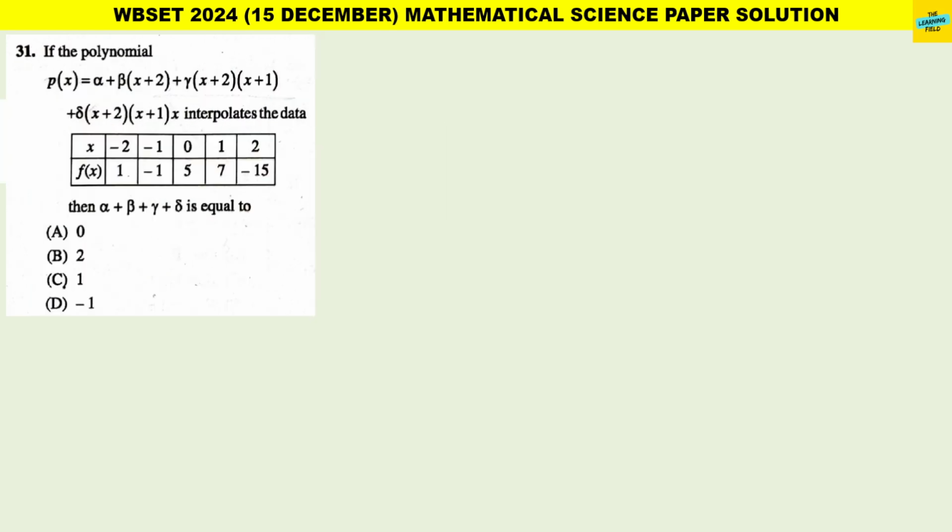Now, next question. This question says that if the polynomial interpolates the data, then find the value of alpha plus beta plus gamma plus delta.